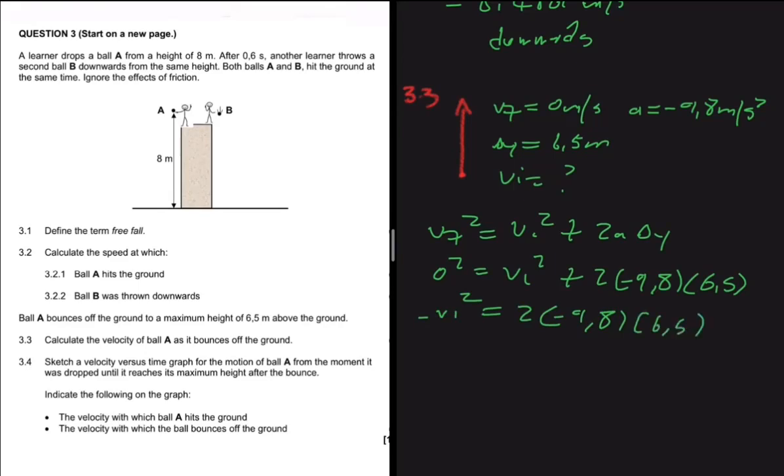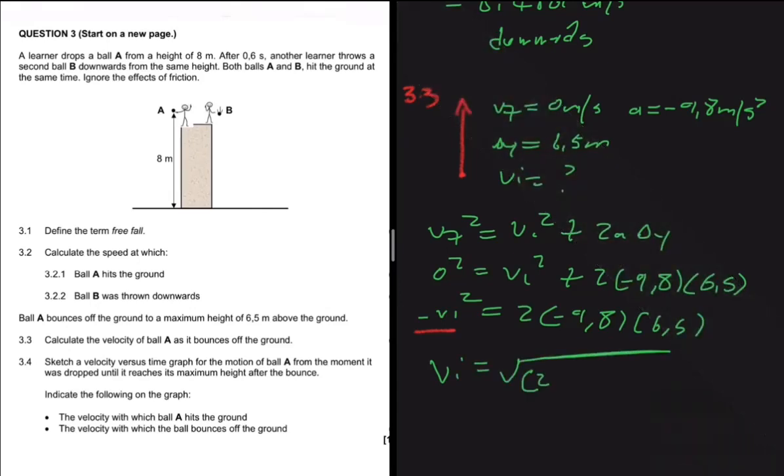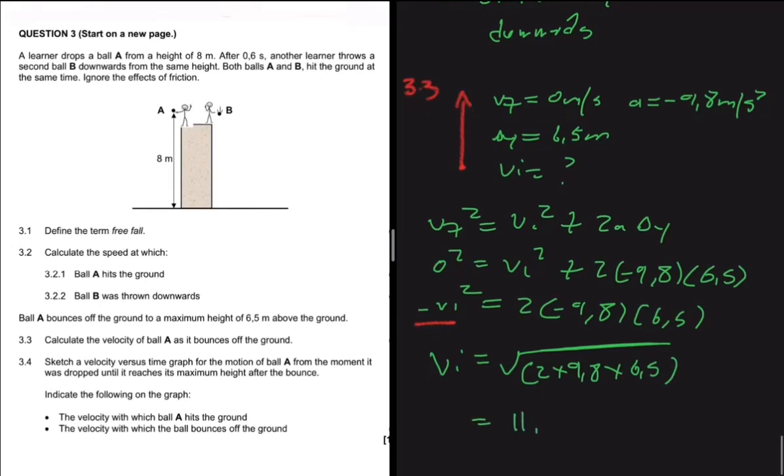So we can just divide both sides by minus 1, right? So that we can get rid of this minus on VI squared. So if we do that, VI is going to be equal to the square root of 2 multiplied by 9.8 multiplied by 6.5, which will give an initial velocity of 11.29 meters per second upwards, right? Because that's the velocity it bounces off the ground with.